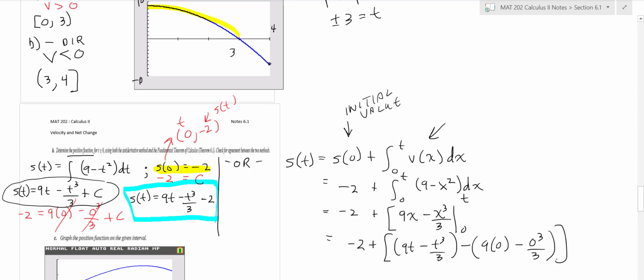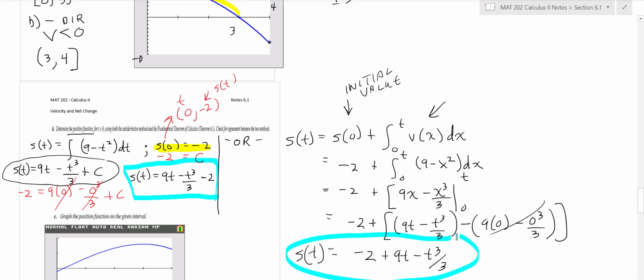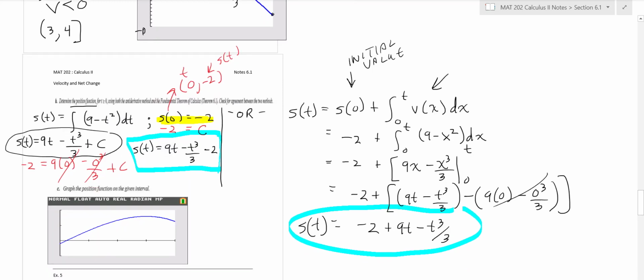That crosses out. You would get -2 plus 9t minus t to the third over 3 is equal to S of t. Same answer, just written in a different order. So you can do that either way. Like I said, I find it just as easy to do it this way, just because the initial condition allows you to find the arbitrary constant c. That's the idea.